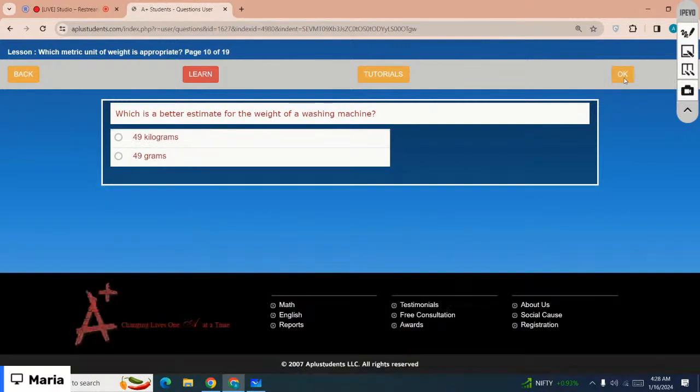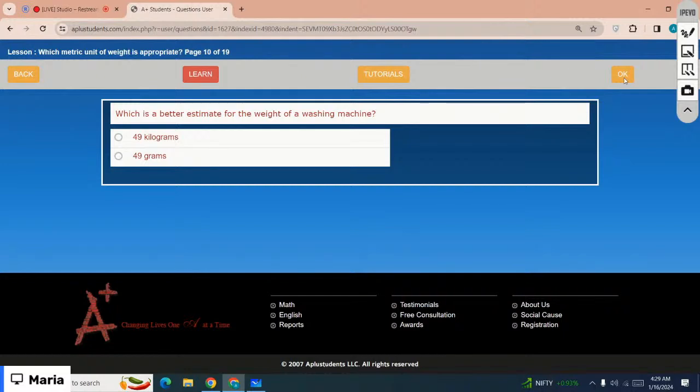Which is the better estimate for the weight of a washing machine? Which is the correct option? That is a washing machine, so it would be 49 kilograms, right?